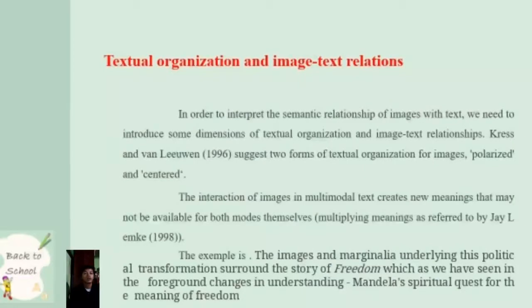Here, Kress and van Leeuwen suggest two forms of textual organization for image: polarized and centered. On the one hand, there is polarization along the horizontal or vertical axis. For a horizontally polarized image, the left side is the given and the right is the new.